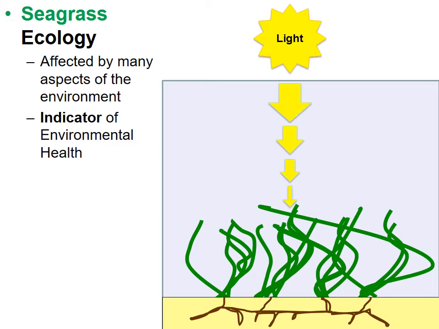The water itself attenuates the light, which is why you see these arrows getting smaller as they go through more water. That sets a maximum depth limit of how deep the seagrass can grow. But that's dependent on how clear the water is, because there are various things that can be dissolved or suspended in the water that increase how much light is blocked. So we'll talk about some of those.